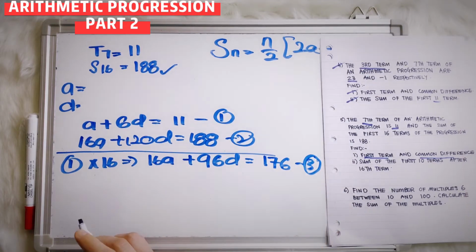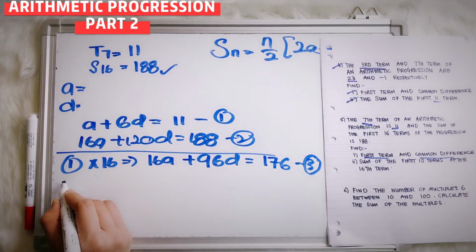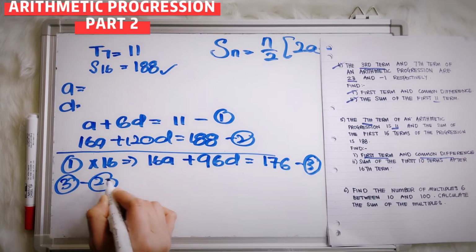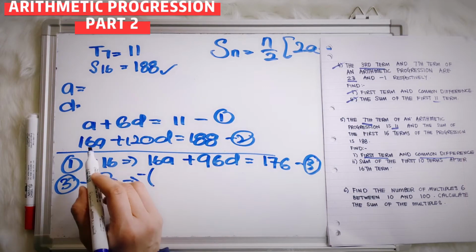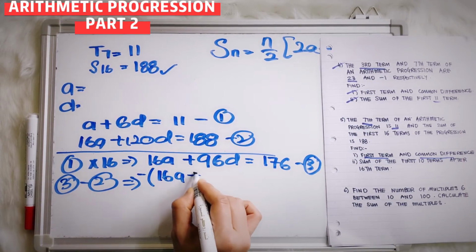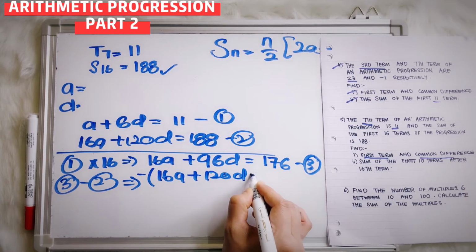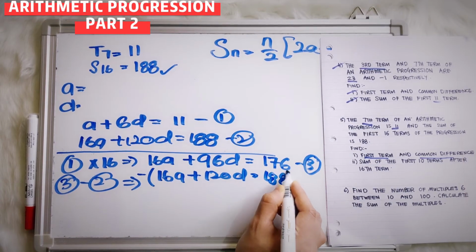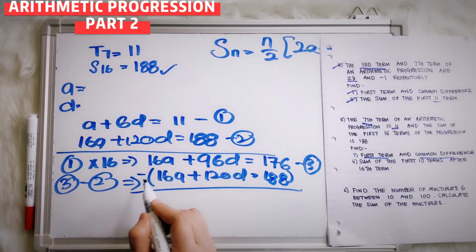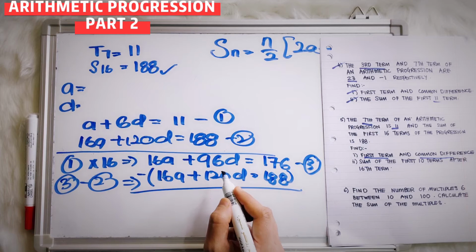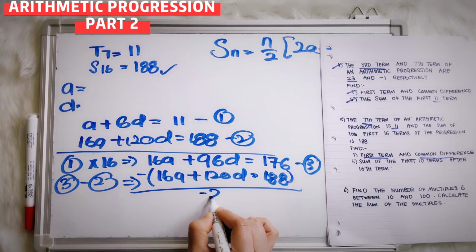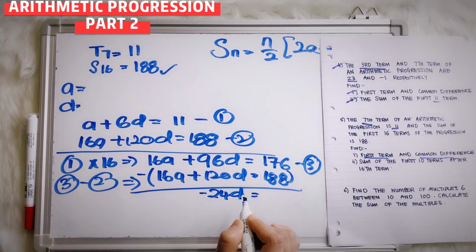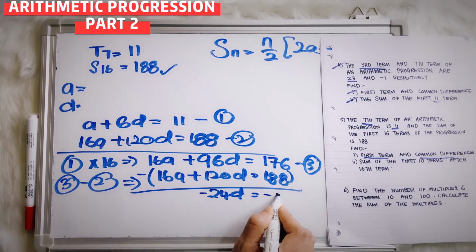Now the third equation minus the second equation. So we take 16A plus 120D equals 188. 16A minus 16A is 0, 96 minus 120, we have negative 24D equals 176 minus 188, we have negative 12.